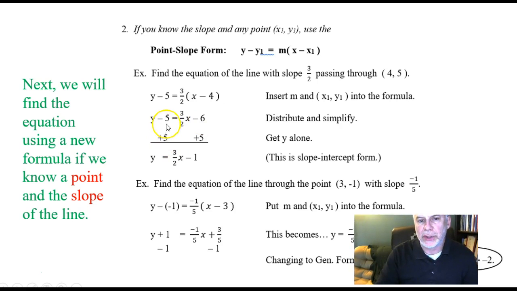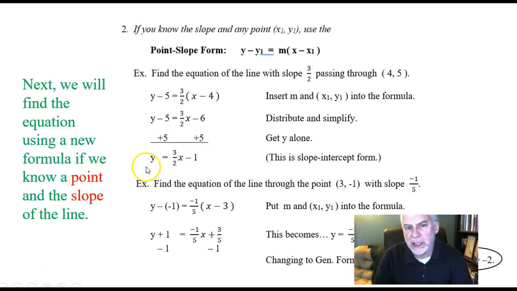And then I would just add a 5 to both sides to get the 5 moved over. So negative 5 added with the 5 just disappears, so you get just y on the left side. And then if I add negative 6 and 5, I get negative 1. So I get the equation y equals 3 over 2x minus 1.